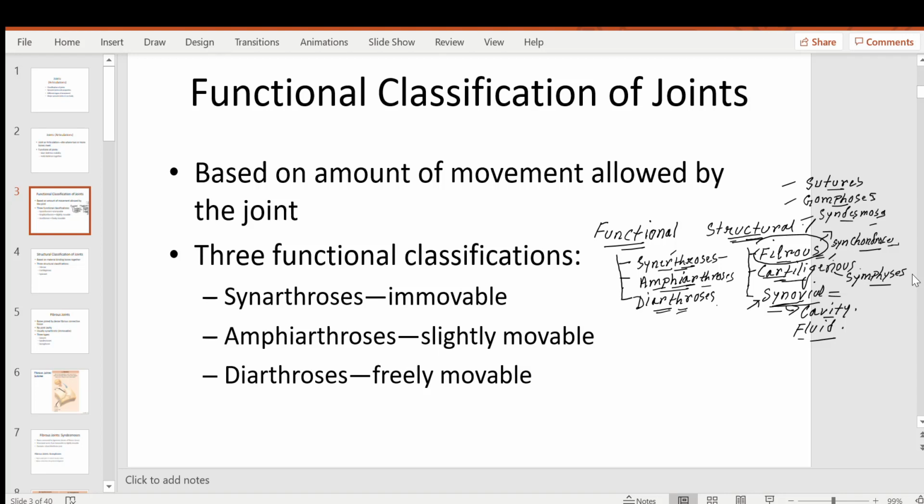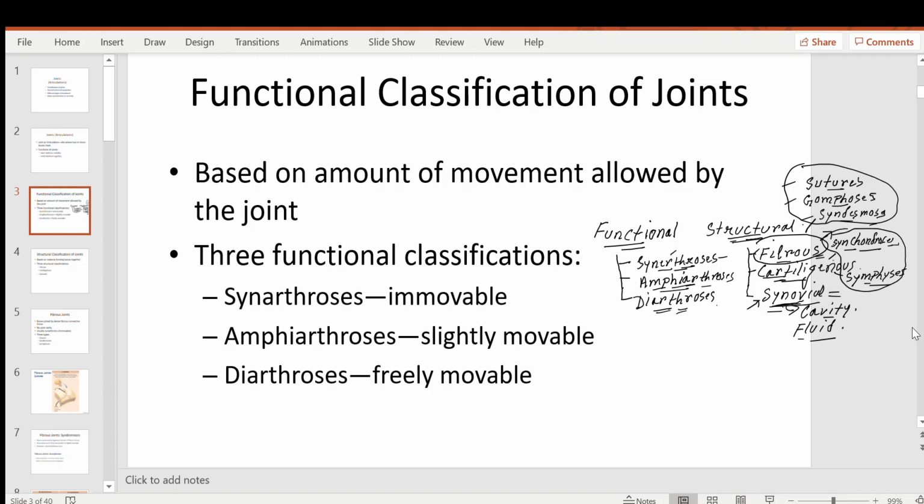And then cartilaginous, the cartilage attaches the bones together. There are 2 types of cartilaginous: synchondrosis, symphysis. Okay, and synovial, there are 7 different types. Now we'll see these 3 types of fibrous and 2 types of cartilaginous.